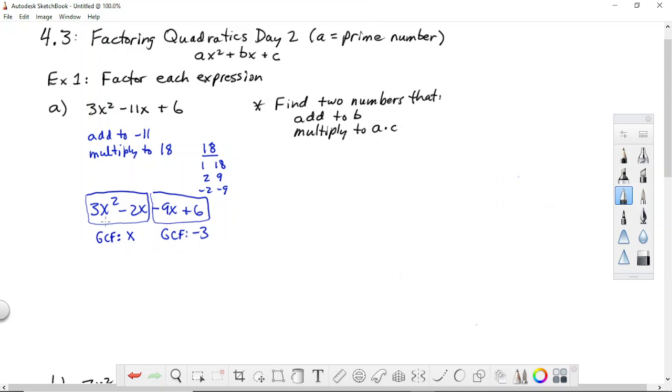So let's go back to the box on the left. We said the greatest common factor is x. So we need to see what's left after we factor out the x. You can do this in your head, but we're going to show what we're actually doing. Divide each of those terms, okay, that term and that term, by x, because that's our greatest common factor. And so we get what's left. The first term is 3x, and the second term, it's just 2.